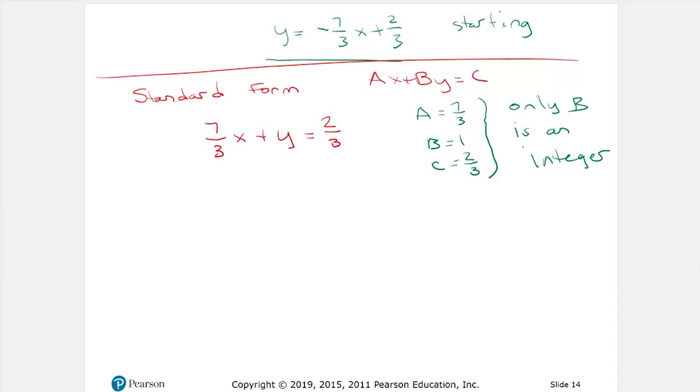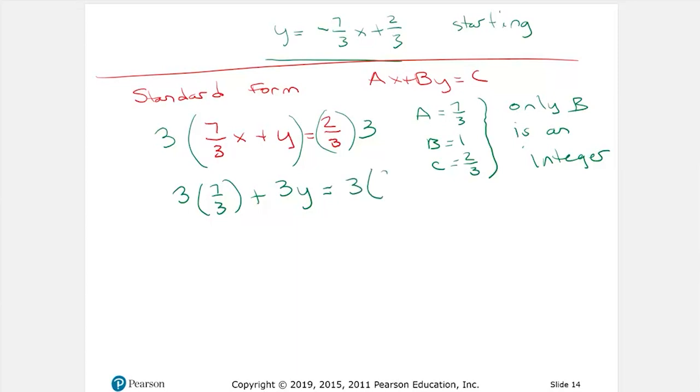Well, that means I have to get rid of that denominator. And luckily, it's the same denominator on both sides. So I can multiply both sides by 3. I distribute, so I get 3 times 7/3 x plus 3y equals 3 times 2/3, right? Well, always simplify before you multiply. This 3 cancels with this 3.